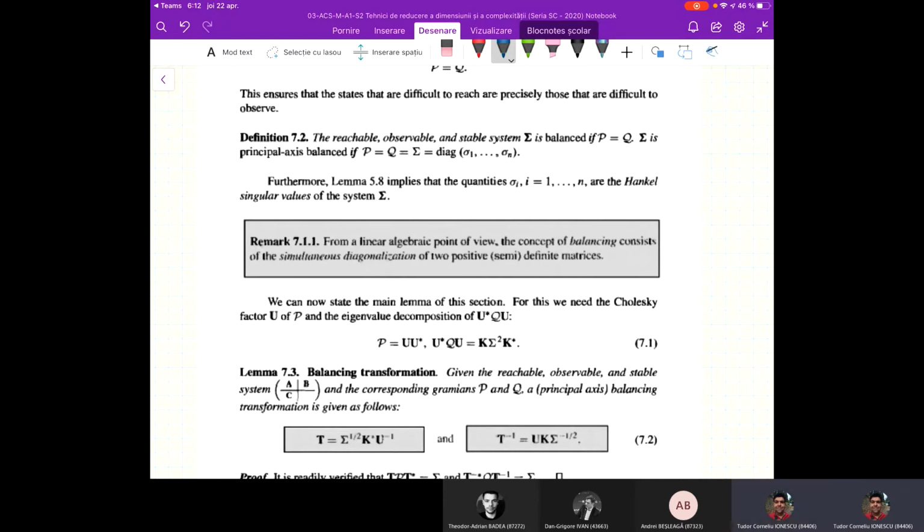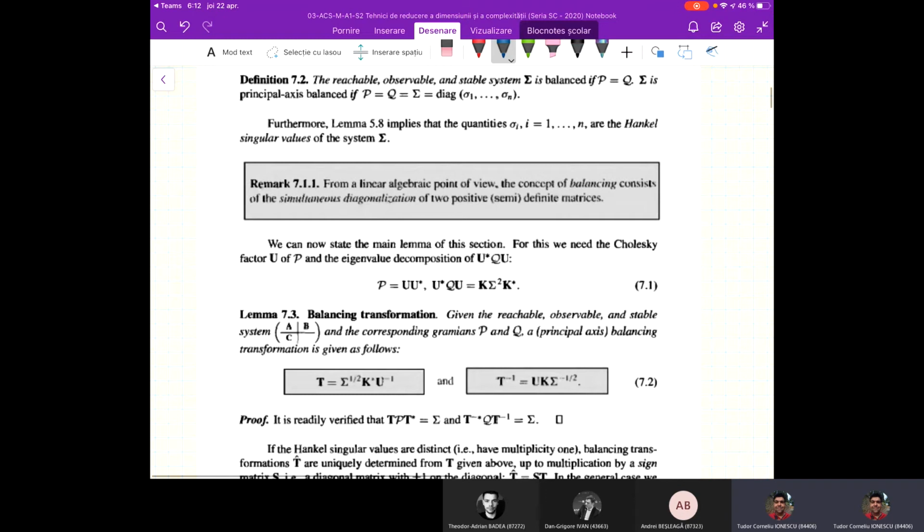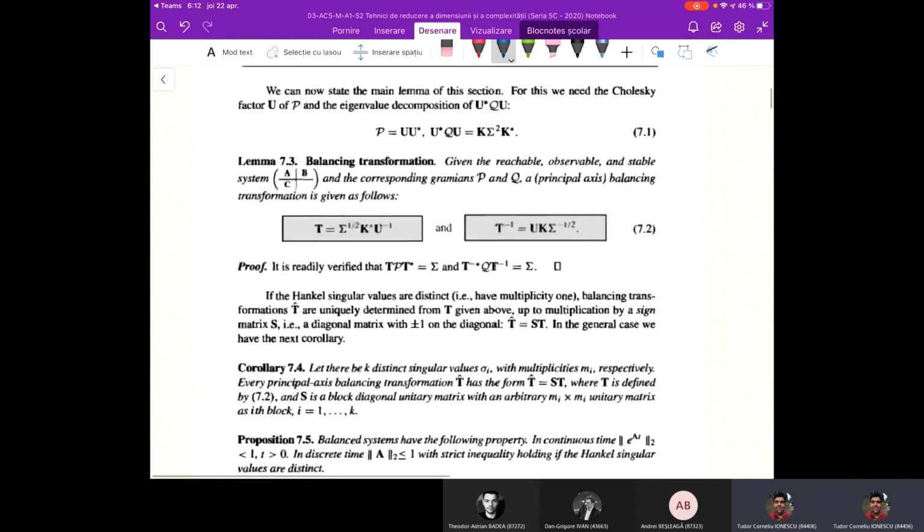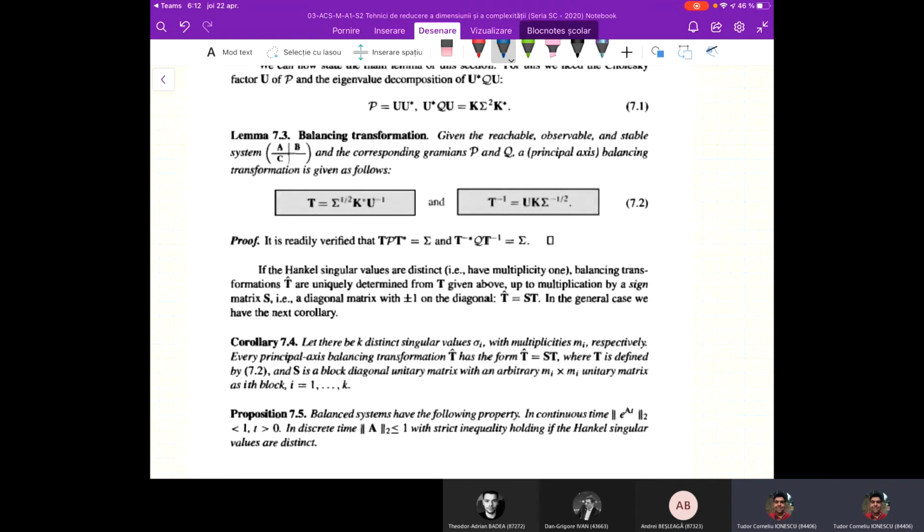Very nice remarks. It says, from a linear algebraic point of view, the concept of balancing consists of the simultaneous diagonalization of two positive semi-definite matrices. And here you recognize how the balancing transformation is built, relation 7.2, with this minus here, very important, and these inversions.